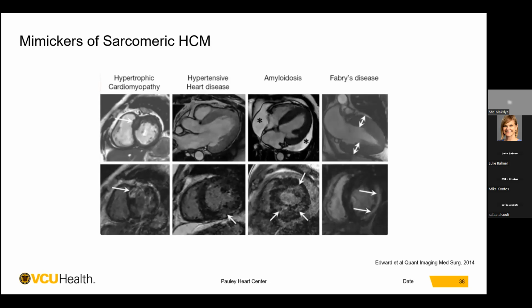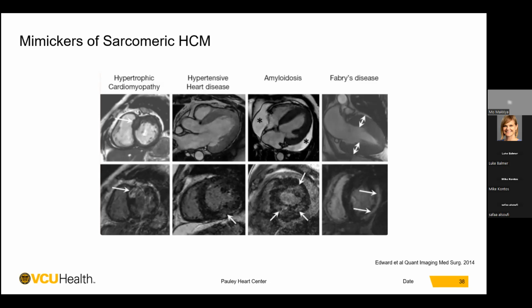MRI can also detect mimickers of sarcomeric HCM. We can have different reasons for left ventricular hypertrophy, and MRI can be of big help in differentiating these mimickers.